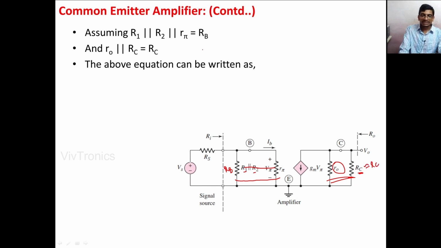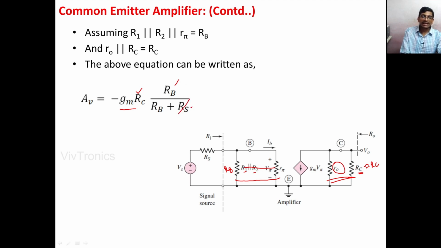Therefore, the above equation can be redrawn as AV is equal to minus Gm RC into RB by RB plus RS. The R0 parallel RC is represented with RC, and the parallel combination of R1, R2 and r pi is represented with RB. In this one also, the value of RS is very small when compared with RB.